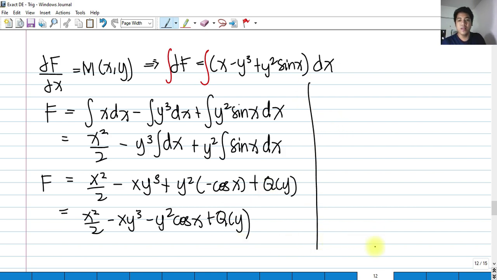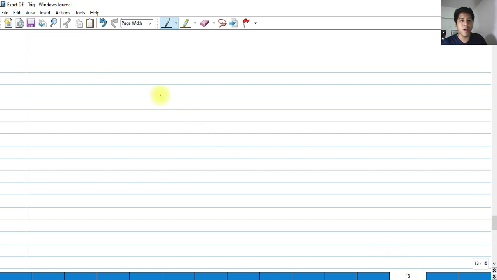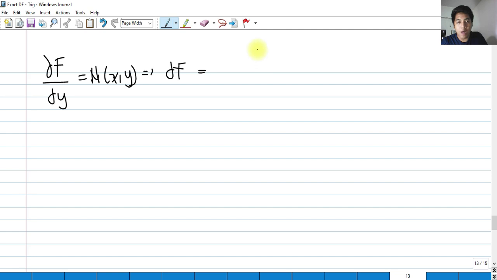So how about we find the partial of f with respect to y of the N in terms of x and y. So we have partial of f is equal to the N. Our N is the distributed negative already. So we have negative 3xy squared minus 2y cosine of x, and we have a dy here.